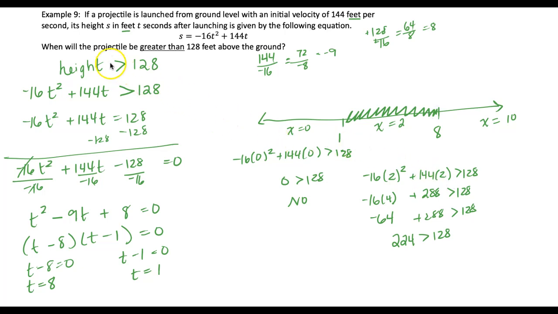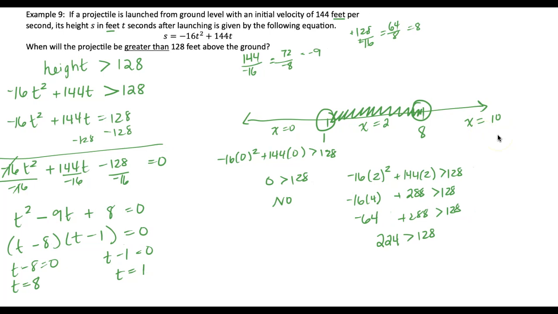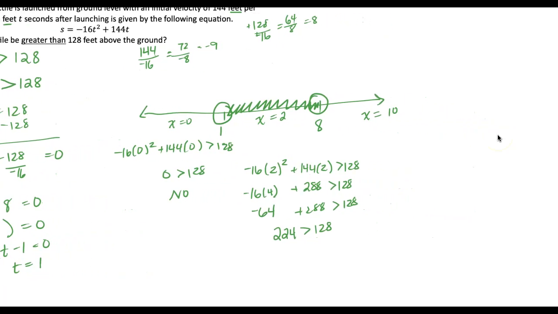Okay. Again, kind of looking back, because we were only looking at a greater than, no equal sign, these will be open circles. And then checking with a 10, I have negative 16 times 10 squared plus 144 times 10. Is that greater than 128? So negative 16 times 100 would be negative 1,600. Plus 144 times 10 would be 1,440.